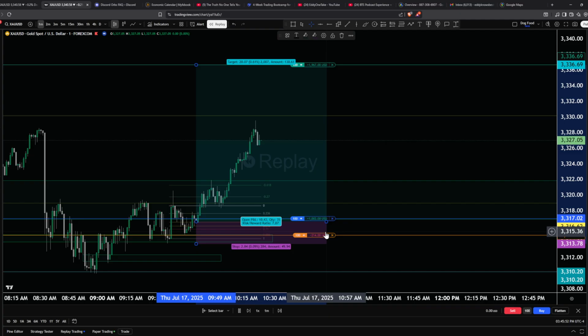Price took out those highs right here, and then the algorithm kicked in. They retraced a little bit and continue to drive the price up. Look at how beautiful that is.